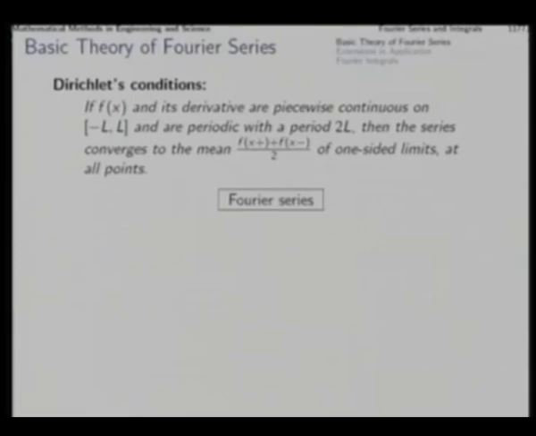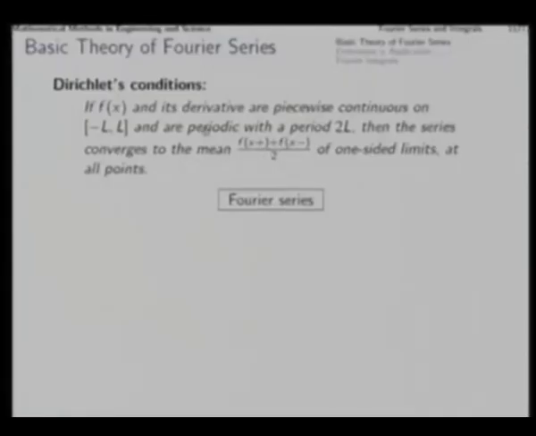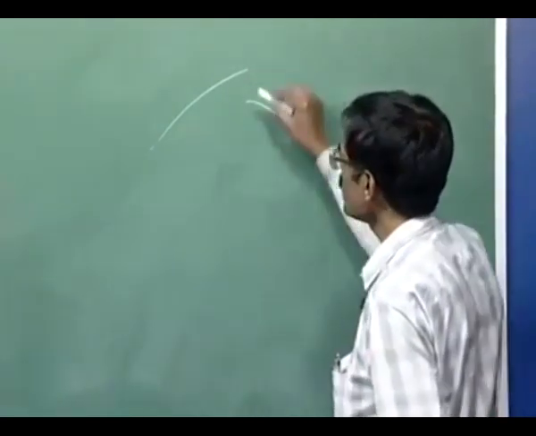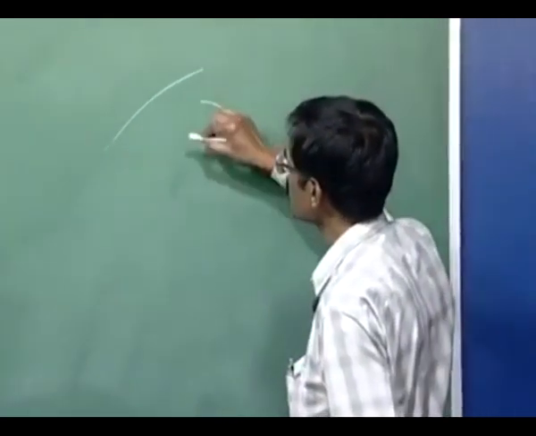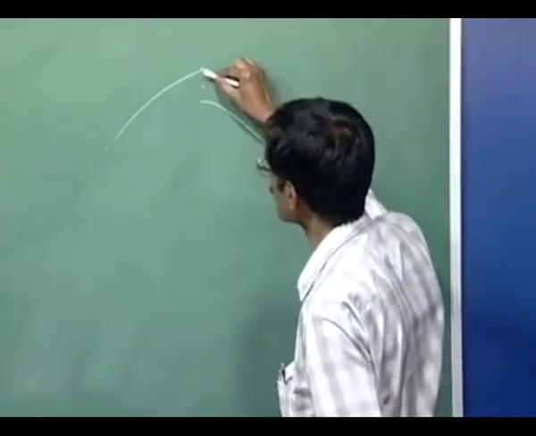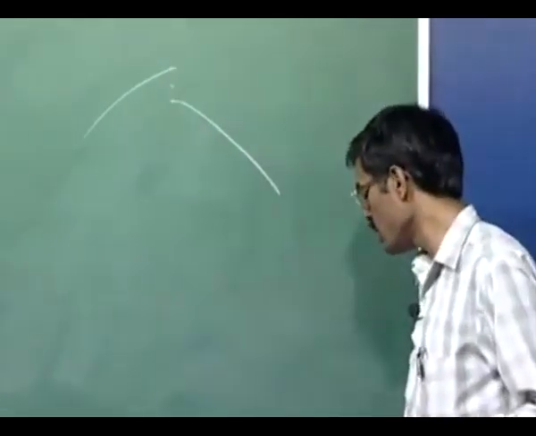And in that case, at the points of discontinuity, the Fourier series estimate will converge to this as more and more points are taken. This is a very sensible estimate, because if there is a discontinuity at a point of this nature, then at this point the Fourier series representation converges to the average of these two. This is the convergence in the mean.